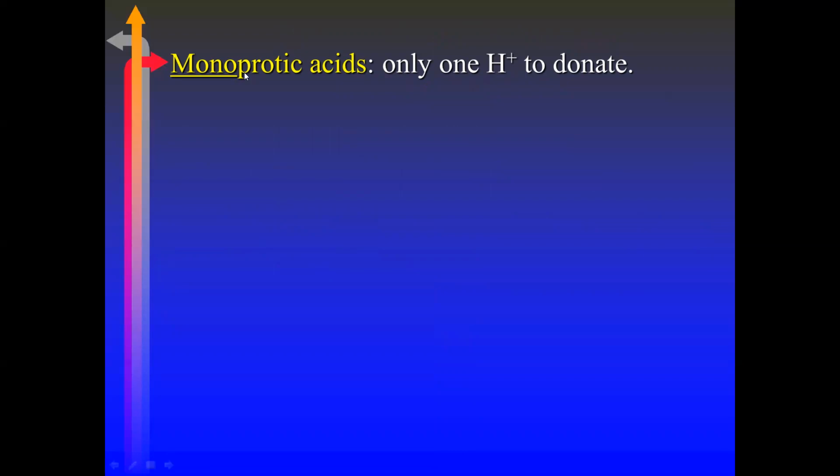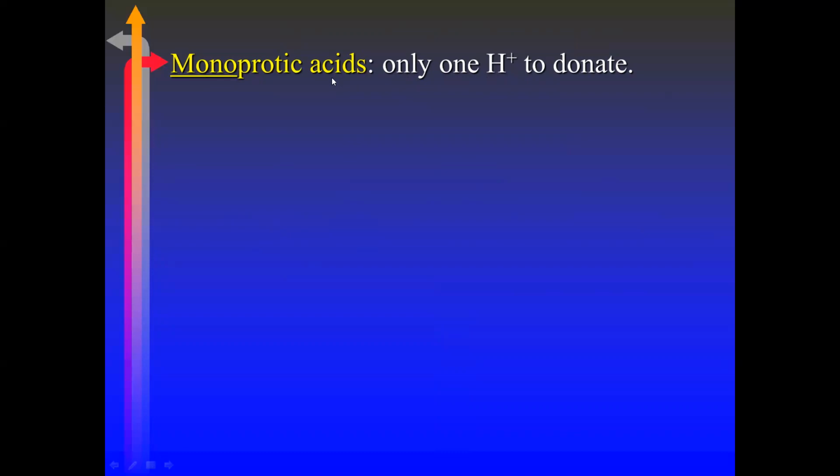Like before, I said this mono usually means single, or one, not multiple. So from the definition, a monoprotic acid means that the acid can only donate one hydrogen ion. This we give the name monoprotic.